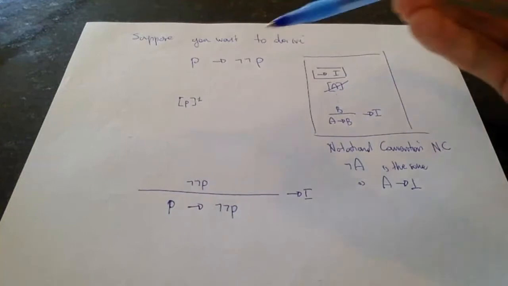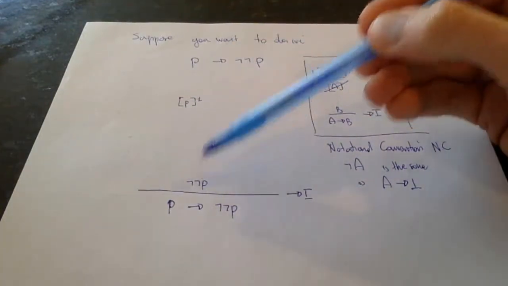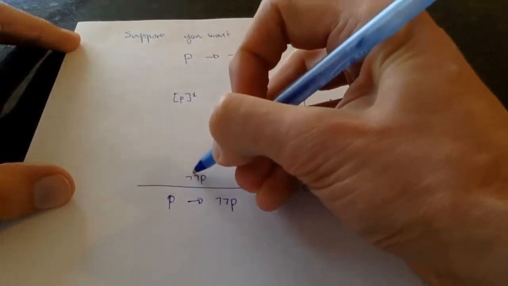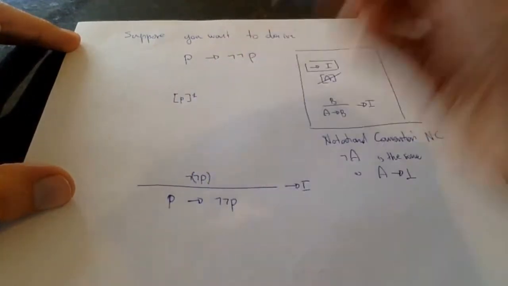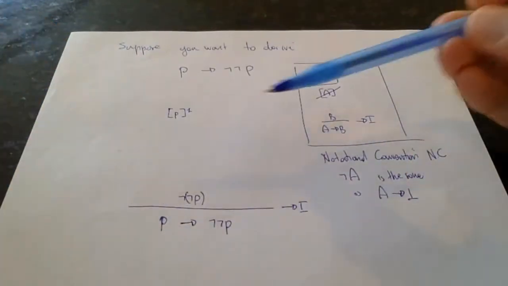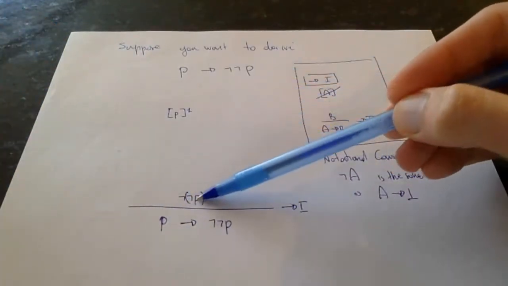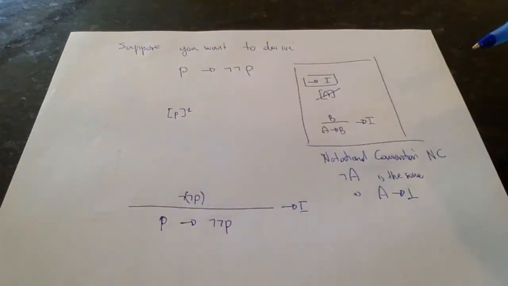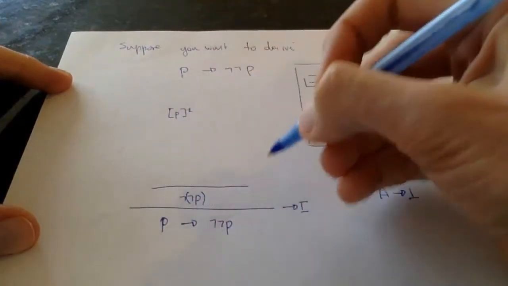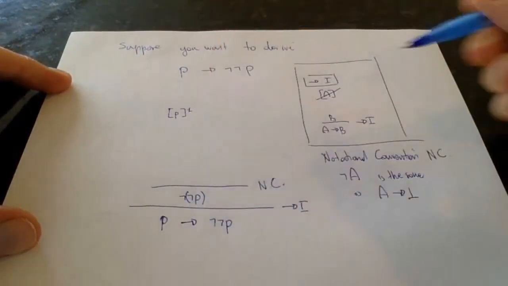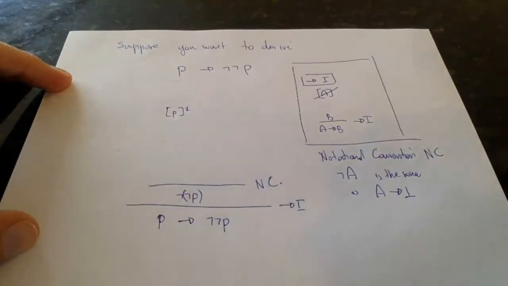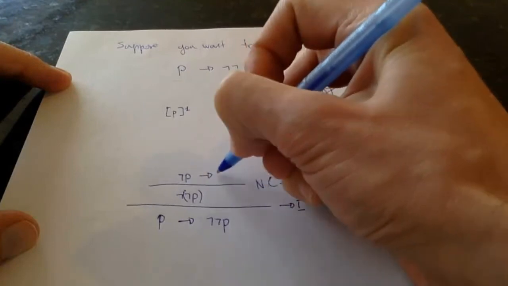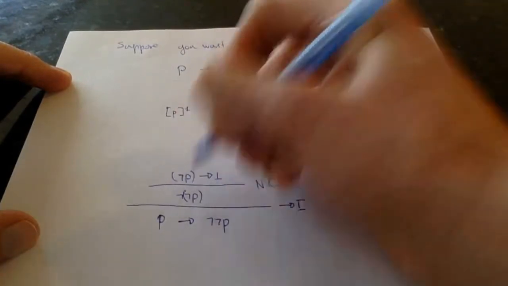So here I have a double negation. I have not not P. It's important maybe to be clear and put this not P between parentheses. So what I have here is not (not P). So our A here in this case is not P. So by using the notational convention, I can translate this into not P implies the contradiction.